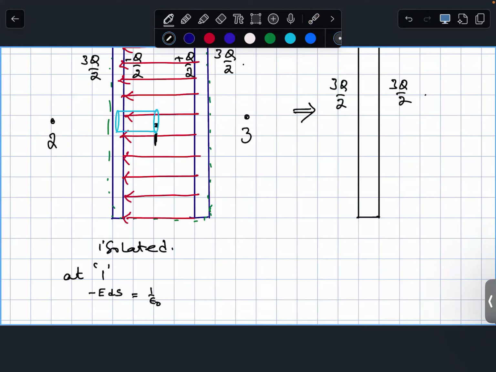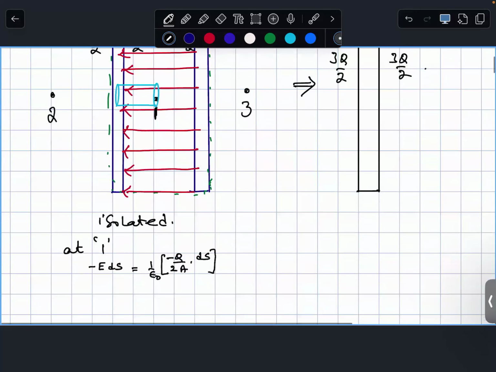What is the charge enclosed? Sigma in this case is minus q by 2A, into dS, because the portion which you have taken is dS. So finally E is q by 2 epsilon naught A. Any doubt in this? Remember, this is E1.